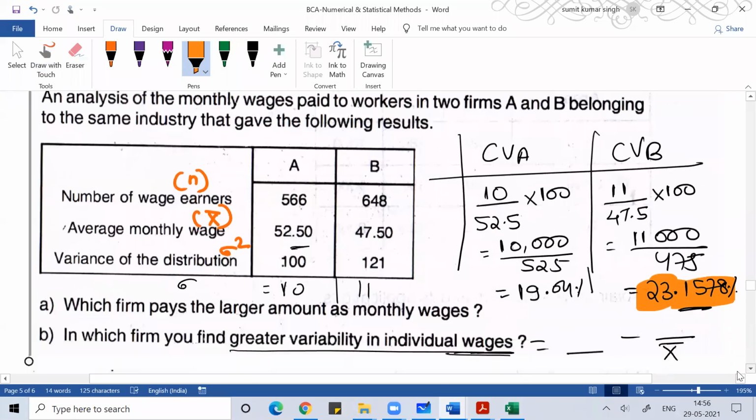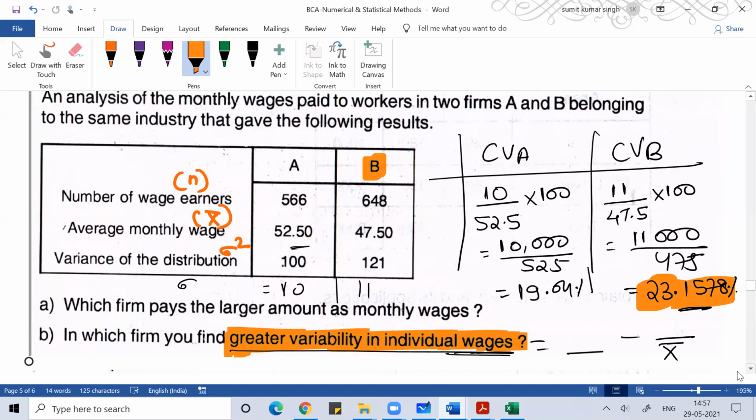So if I'm asking which firm will have greater variability in the individual wages, that will be firm B. Clear, right?